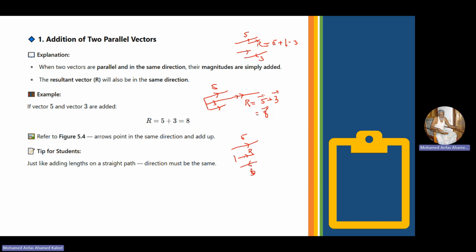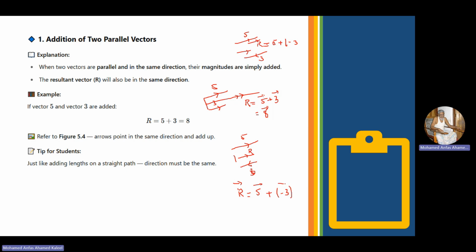It should be in this direction, and that's called R. Since I'm taking the resultant vector in this direction as positive, vector R is equal to what? The 5 is in the same direction, but the 3 is in the opposite direction, so it is minus 3.